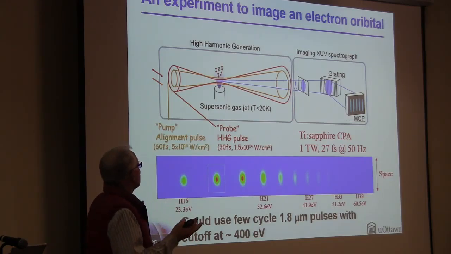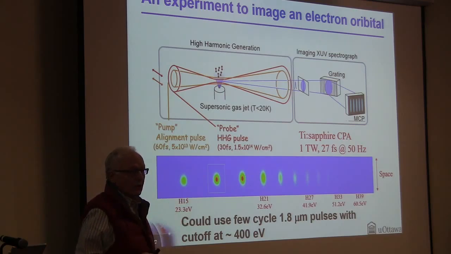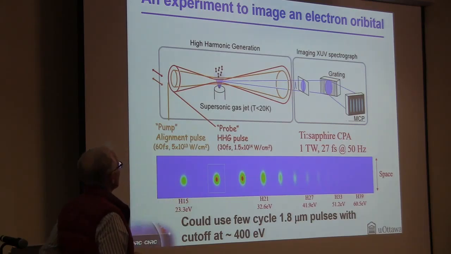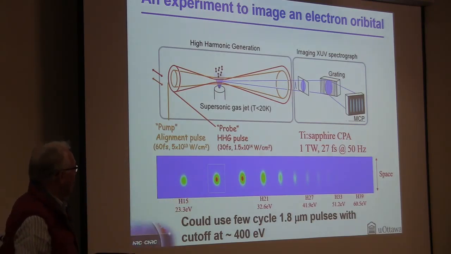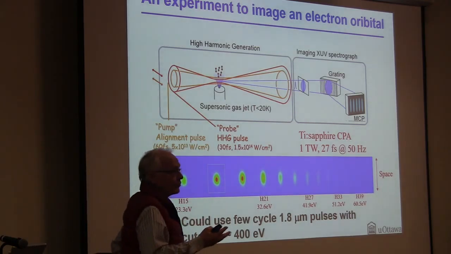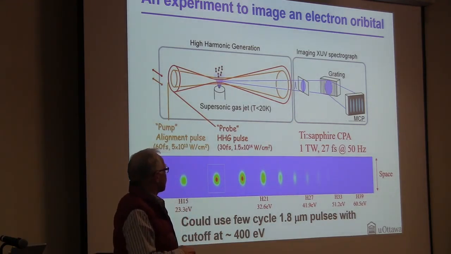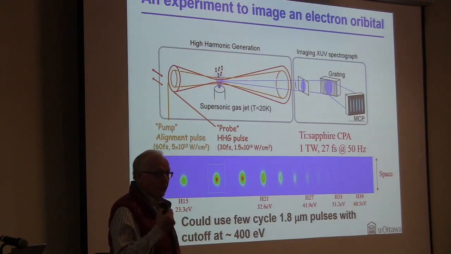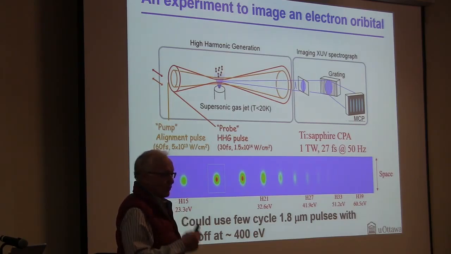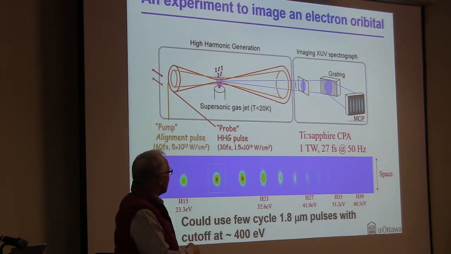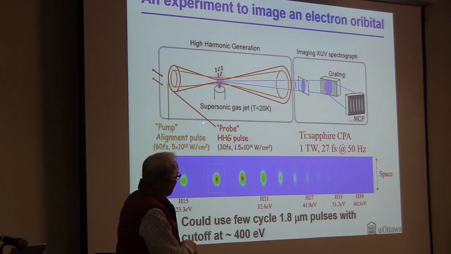And the gas jet densities and length are quite short. I think the length is about 200 microns of the gas jet, and we work in a place where we don't make much harmonic conversion. The issue is not harmonic conversion, but to see the process. We want phase matching to play a minimum role in the process.